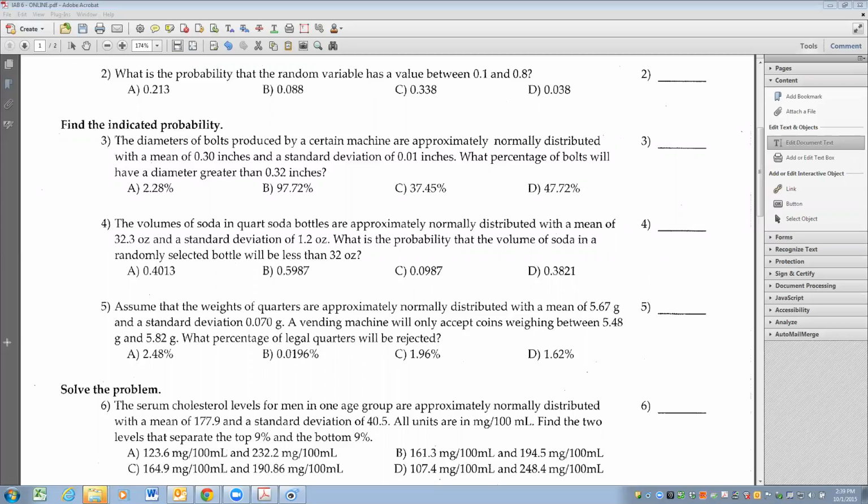Numbers 4 and 5 work similarly in that you're given a mean, a standard deviation, and an observed value with a direction.